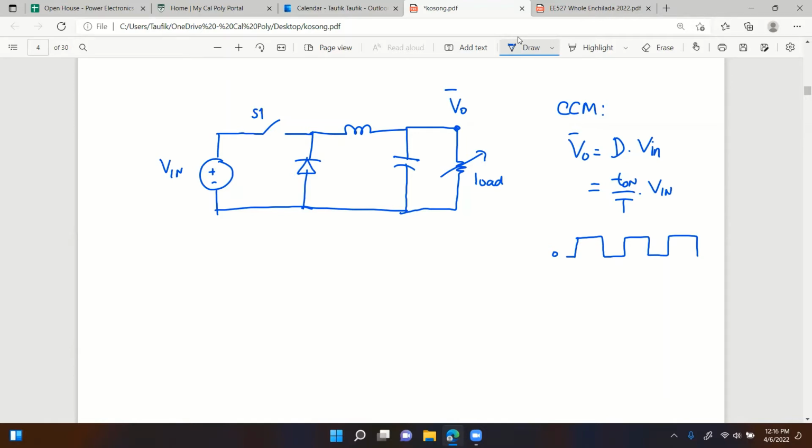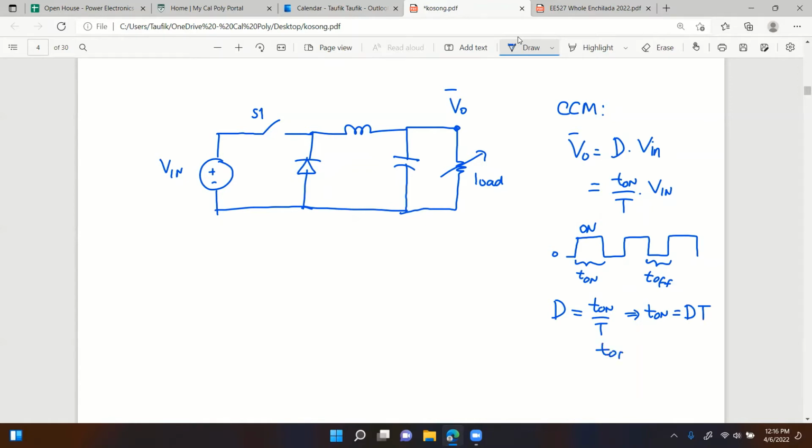So when the signal is low, the switch is off. When the signal is high, the switch is on, right? So T on corresponds to the conduction time of the switch, and there's T off right here. We learned from EE410 that since D is equal to T on over T, therefore T on is equal to DT.